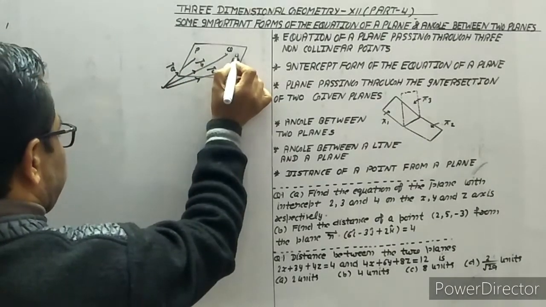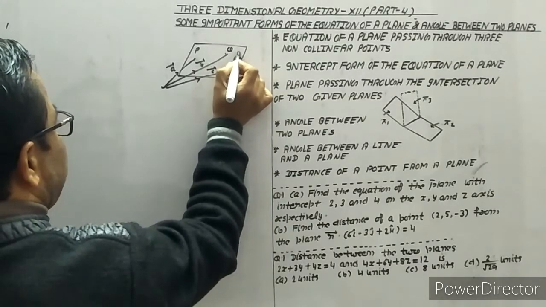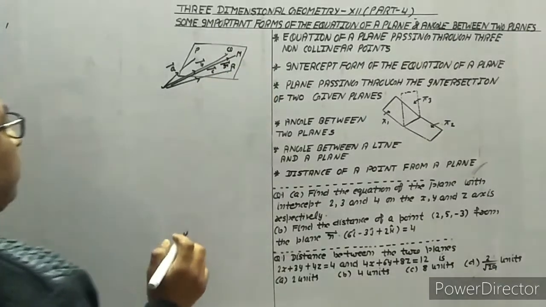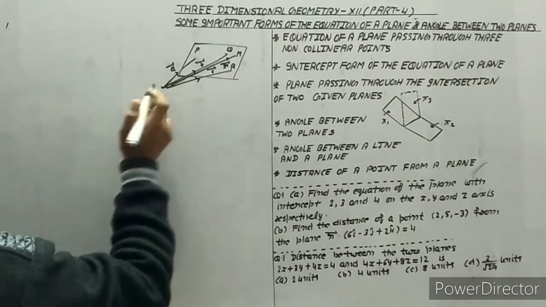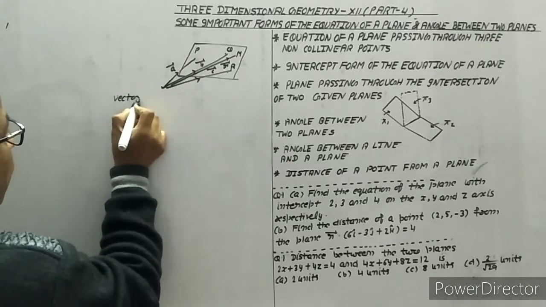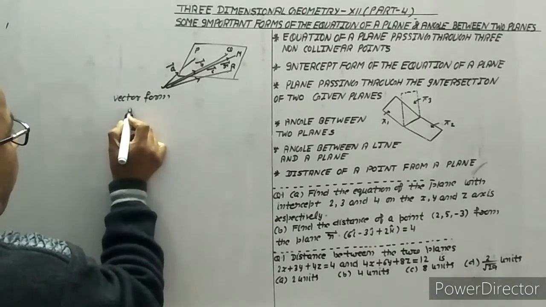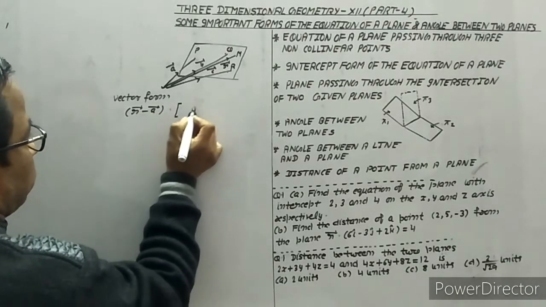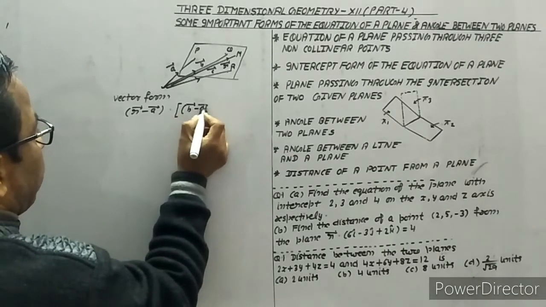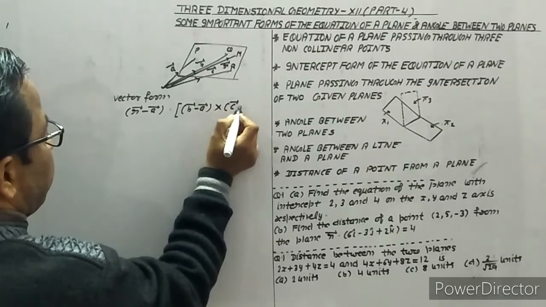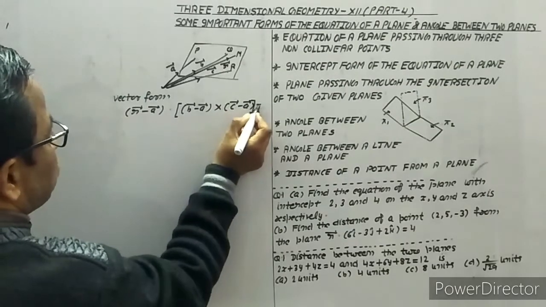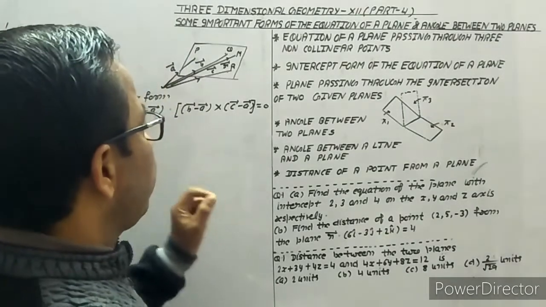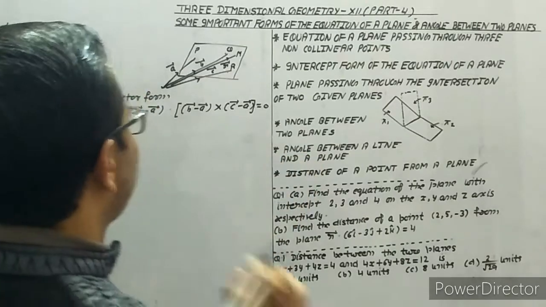And if any standard point M is on this plane and its position vector is R, then the equation of the plane through these three non-collinear points in vector form is given by (vector R minus vector A) dot (vector B minus vector A) cross (vector C minus vector A) is equal to 0. This is the vector form of the equation of a plane passing through three non-collinear points.